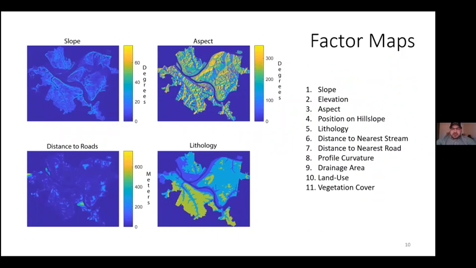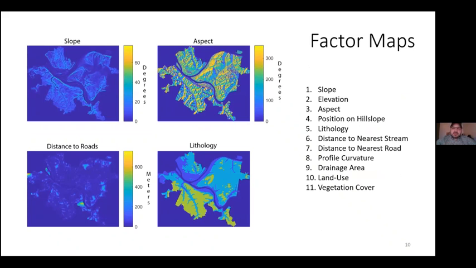So as I said, there's two important things when we're building these landslide susceptibility models. We need both an accurate, extensive inventory, as well as the factors that are going to be influencing our landslide occurrence. For this, we used 11 different factors: slope, elevation, position on hill slope, lithology, distance to nearest stream and road, profile curvature, drainage area, land use, and vegetation cover.